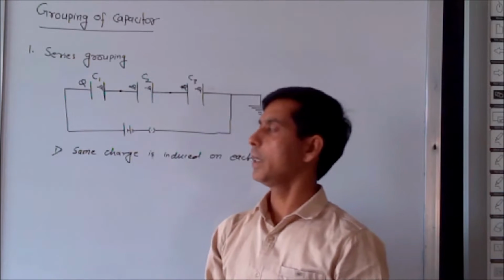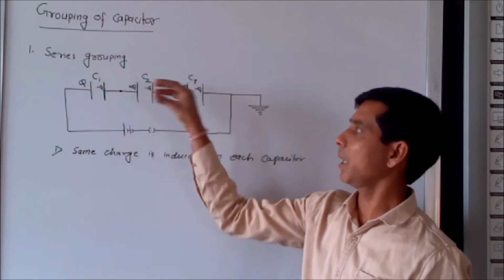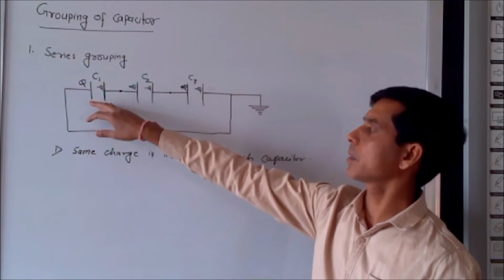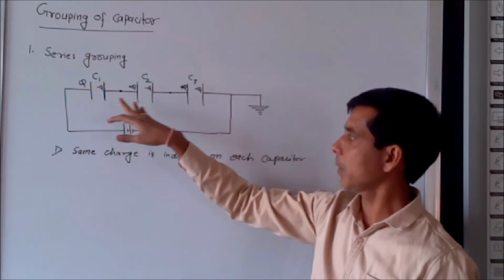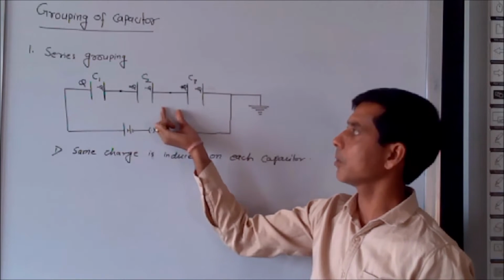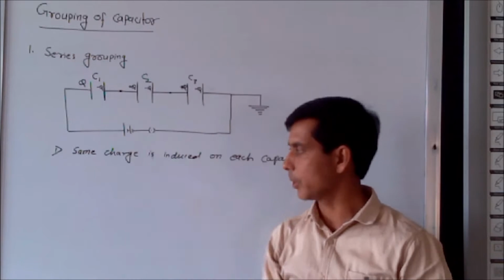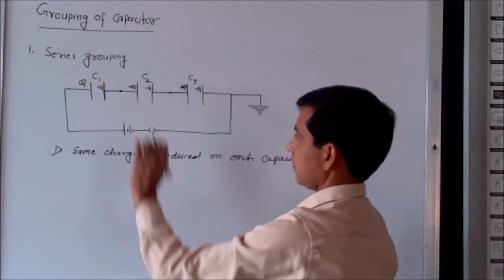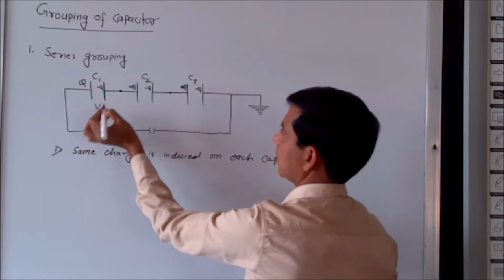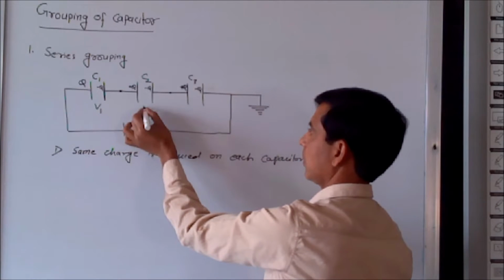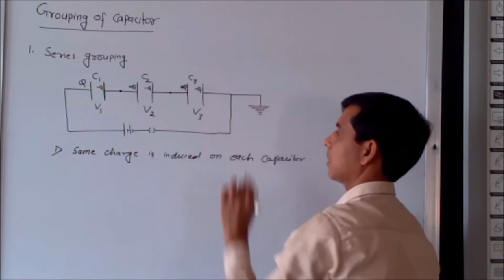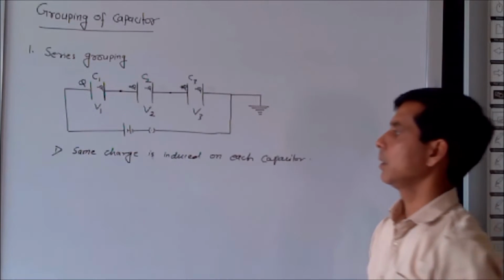Now we have to find out what will be the combined capacity in this grouping. Suppose the capacities are 5 microfarad, 10 microfarad, 15 microfarad. What will be the resultant capacitance when they are connected in series? Suppose V1 is the potential across capacitor C1, V2 is the potential across C2, V3 is the potential across C3.